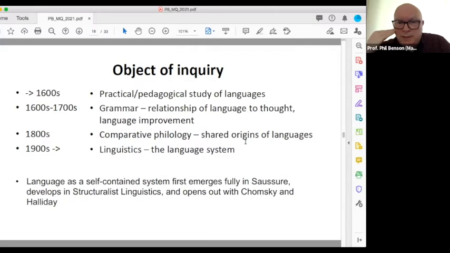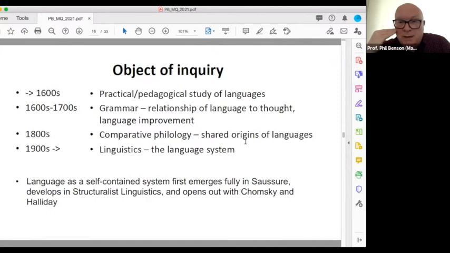But before that, in the 1800s, we had comparative philology, and since the 1900s, really the object of inquiry of linguistics has been the language system. But before that, we had comparative philology or historical linguistics, which was very much concerned with the shared origins of language.